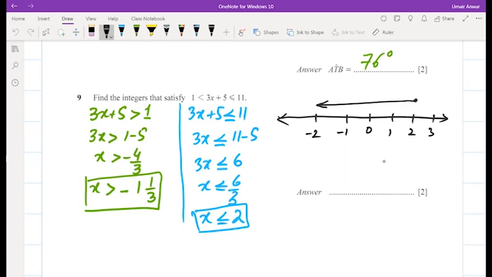And the first solution says that it is going to start from minus 1.33, and this number itself is not included in the solution, and all the numbers greater than this value are going to be included. So the integers that we can see over here in this range are -1, 0, 1, and 2. So this is how the integers from a double inequality are calculated.